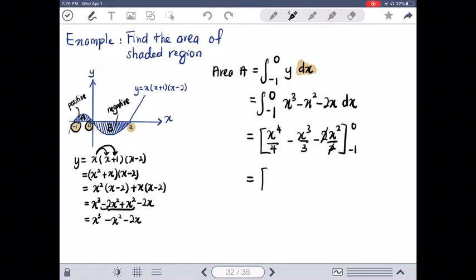This we can simplify, becomes x to the power of 4 over 4 minus x to the power of 3 over 3 minus x squared.